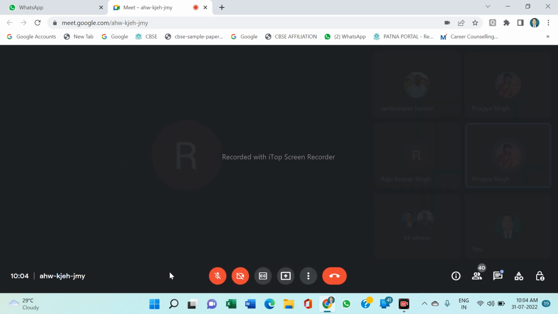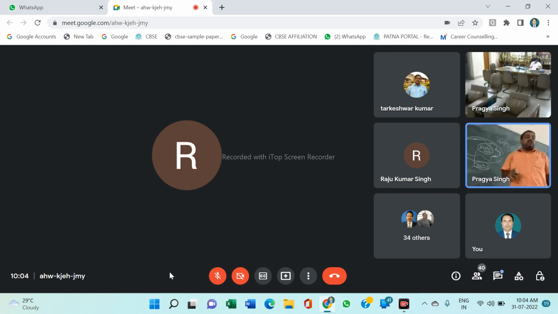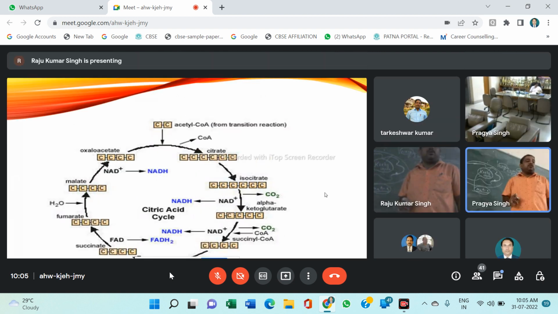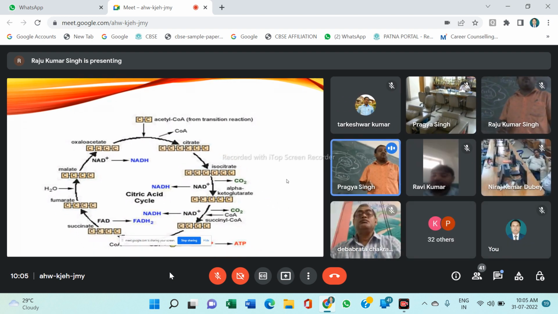These are the 3 steps where 3 NADH are produced by one cycle of the Krebs cycle. It means one acetyl is used, oxidized, and finally forms oxaloacetic acid, which is a 4-carbon compound.